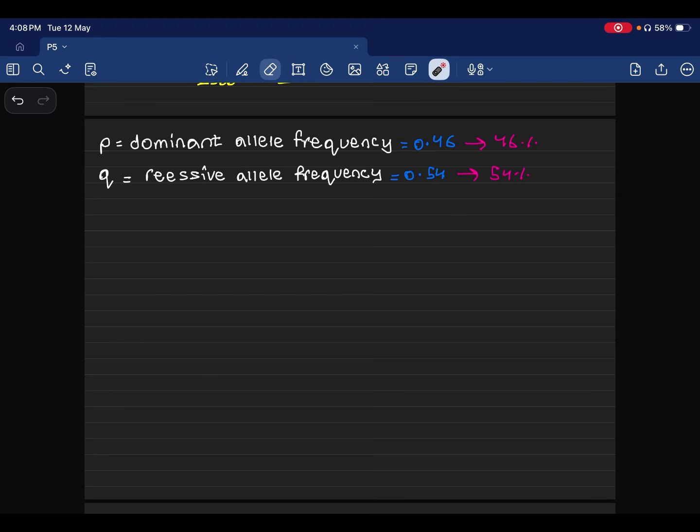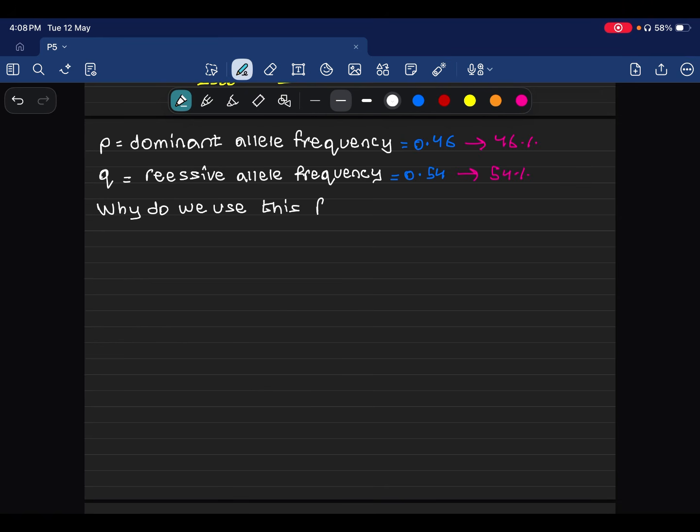Okay, now why do we use this Hardy-Weinberg equation? Well, let me write the question. Why do we use this formula or this equation? This is pretty simple.